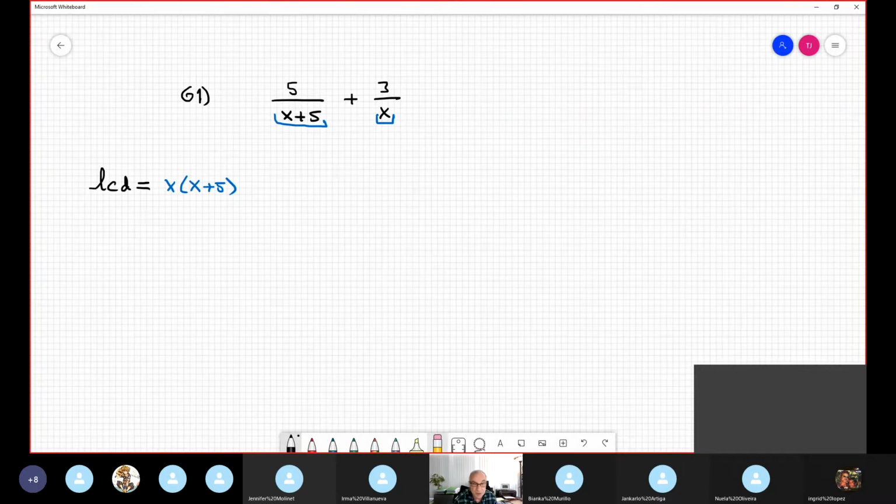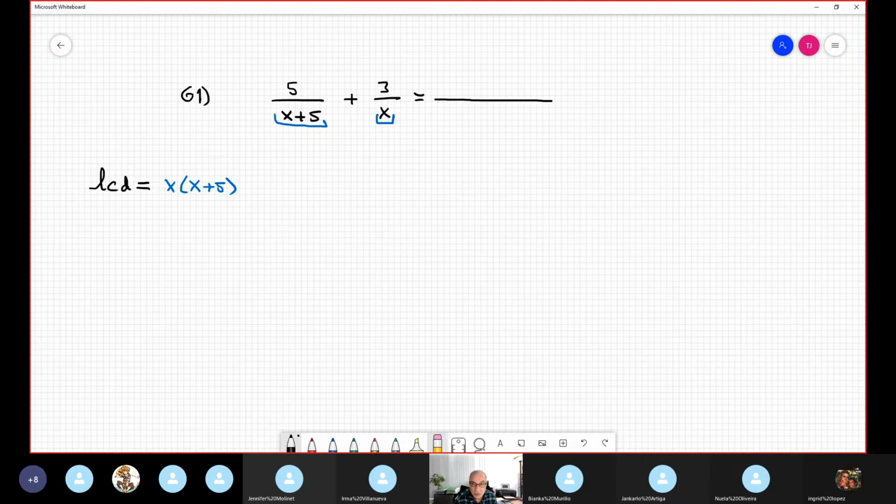Okay, I respect. Now, I write a new fraction. This fraction contains in the denominator the least common denominator. Our example is x times x plus 5. So what is the formula for finding the top part? This plus, it's obvious that this plus.